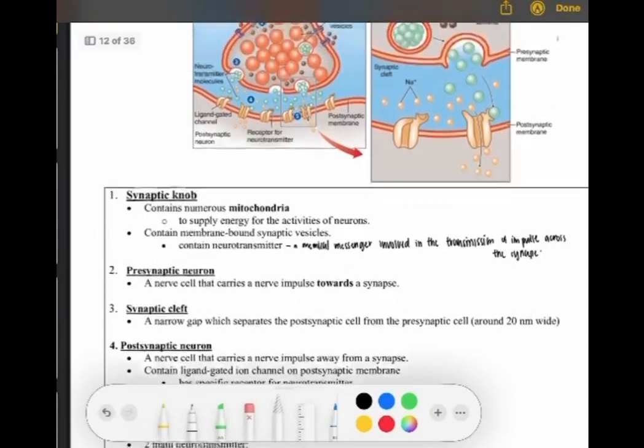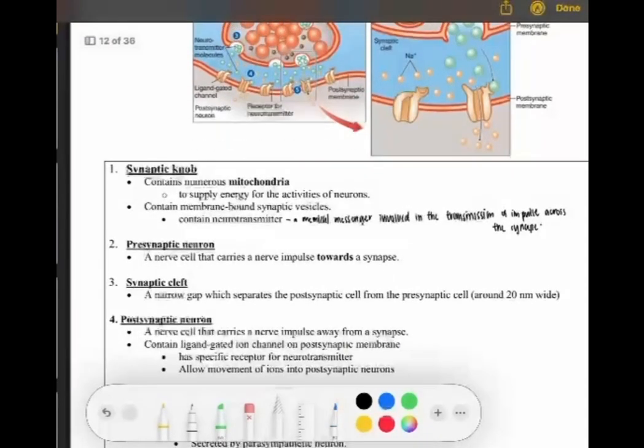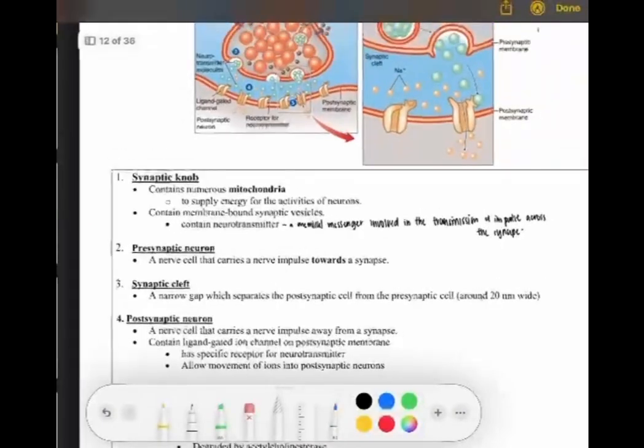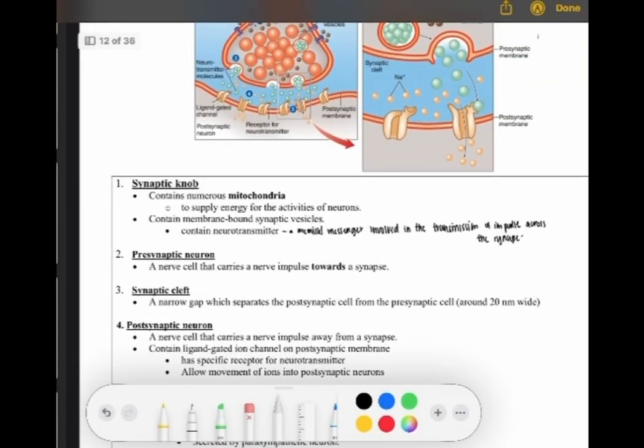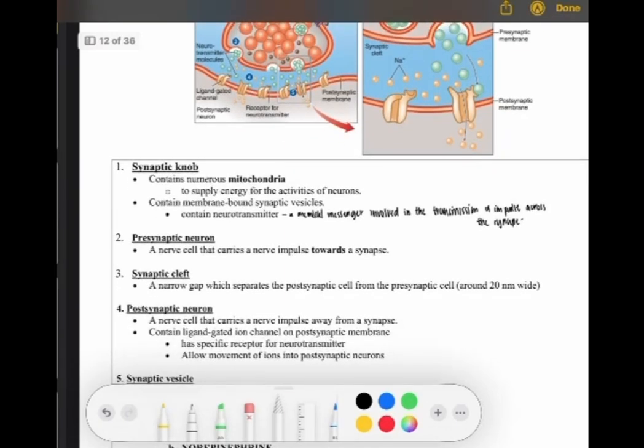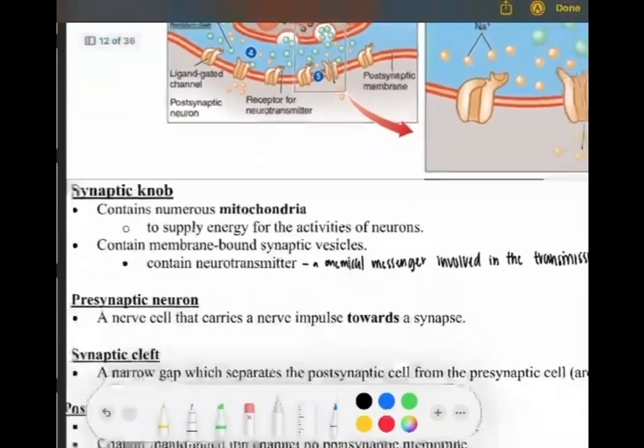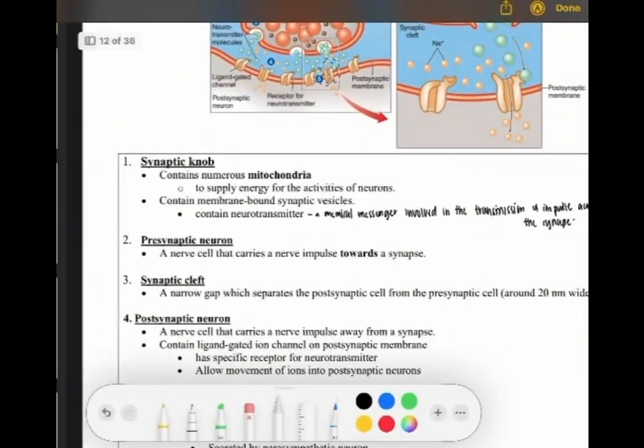Next, we enter the postsynaptic neuron. What exactly is a postsynaptic neuron? A postsynaptic neuron is a nerve cell that carries a nerve impulse away from the synapse. It contains ligand-gated ion channels on the postsynaptic membrane. This is the ligand-gated ion channel, as you can see.